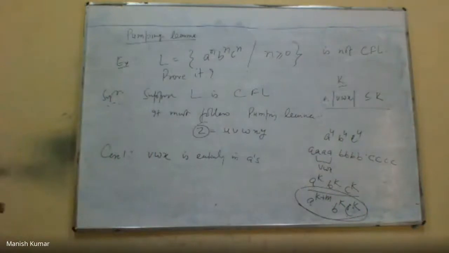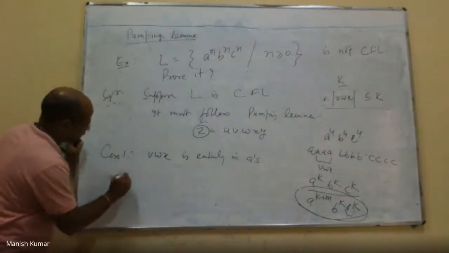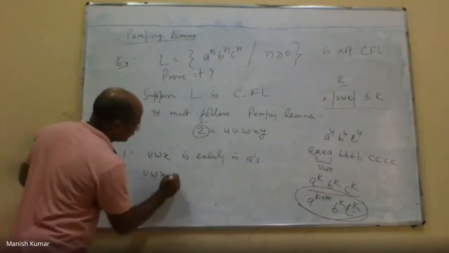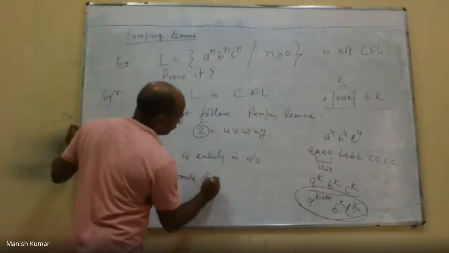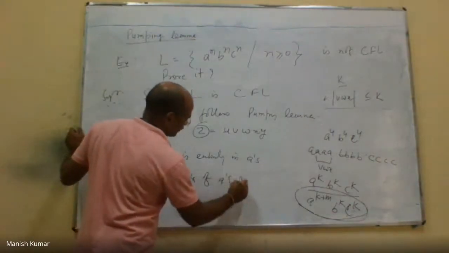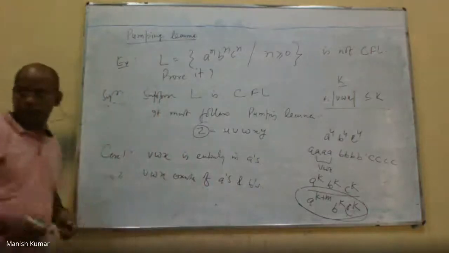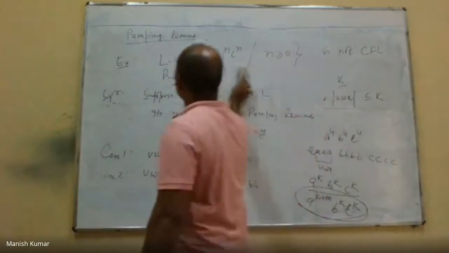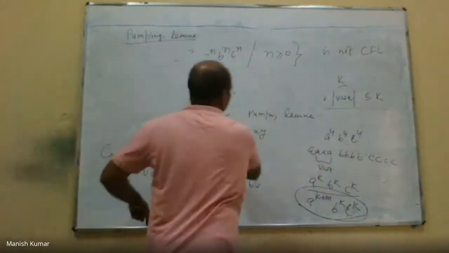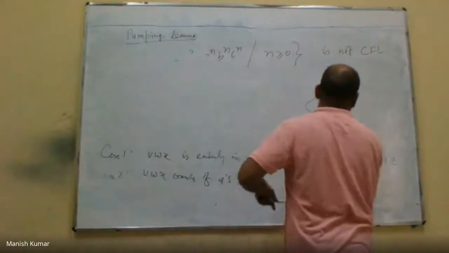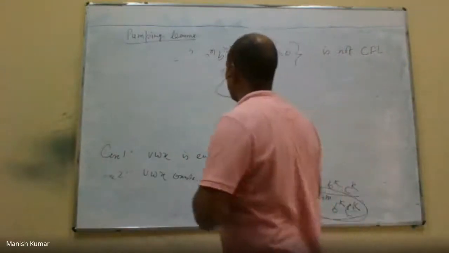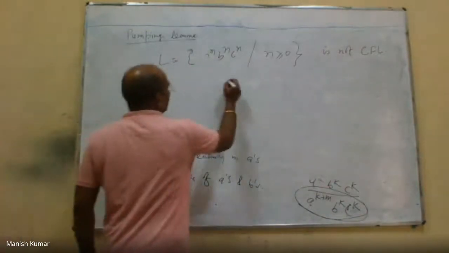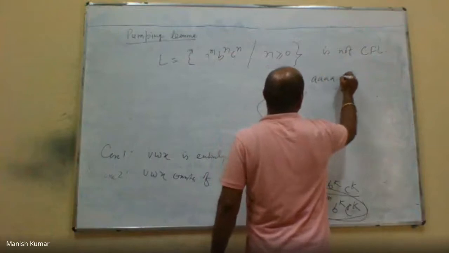Second case, you can see that VWX consists of A's and B's both. If this is the case, what I'm saying is, you can take the same example.